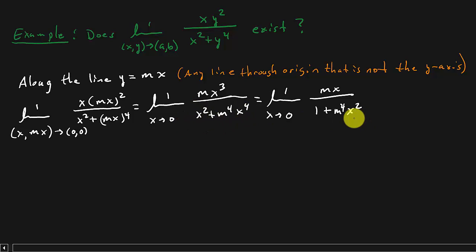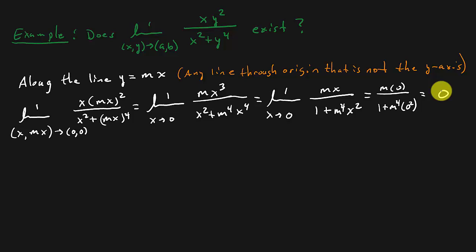All right, so now this is the limit as x goes to 0. Well, I'm sorry, no, it's not the limit. We're going to plug 0 in now. That's m times 0 over 1 plus m to the fourth times 0 squared, which is 0. That's equal to 0. So that's including the x-axis and any line coming through the origin. We're going to get 0.